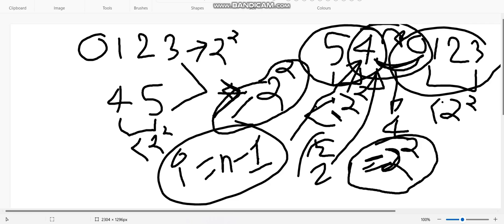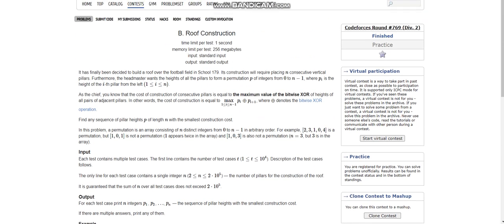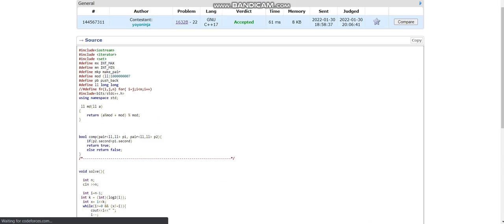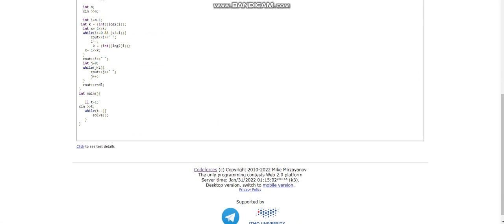Now, from here, I can show you my code. You are given an integer n, and you start i from n minus 1.